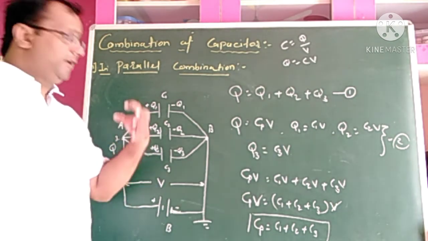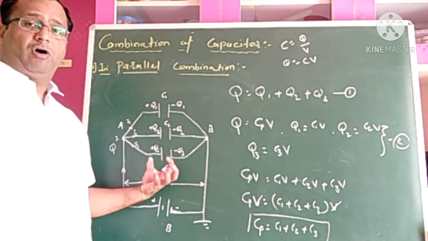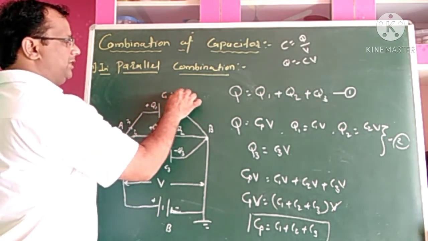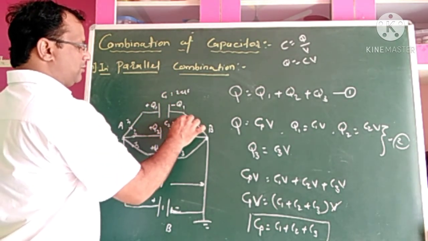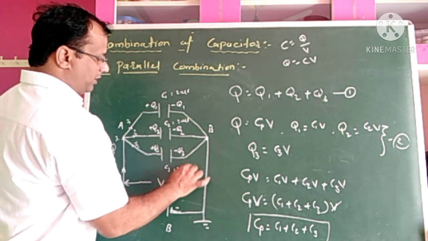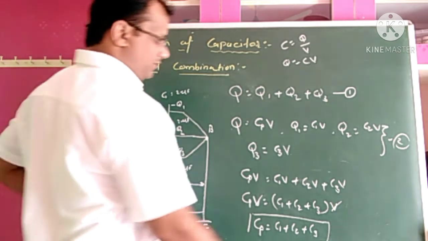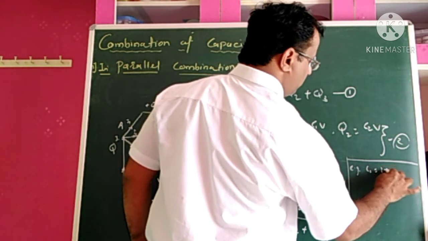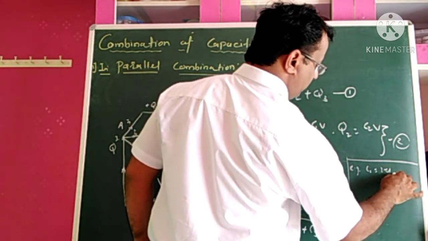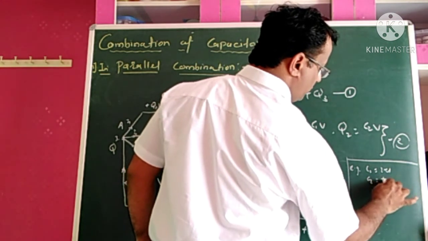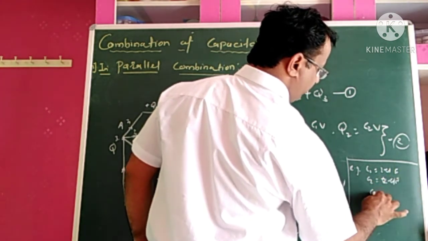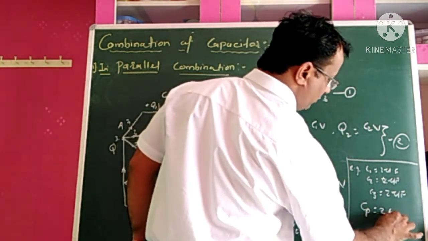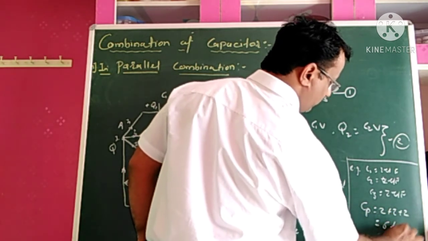Here we want to see the effect of parallel combination. Suppose we take the capacitance of the first one as 2 microfarad, the second one also 2 microfarad, and the third one also 2 microfarad. Then what is the value of effective capacitance? Example: C1 equal to 2 microfarad, C2 also 2 microfarad, C3 also 2 microfarad. Then the effective capacitance CP is equal to 2 plus 2 plus 2, that is 6 microfarad.